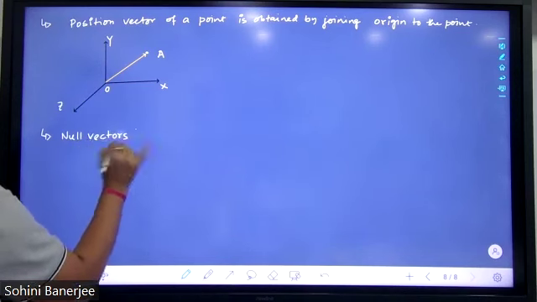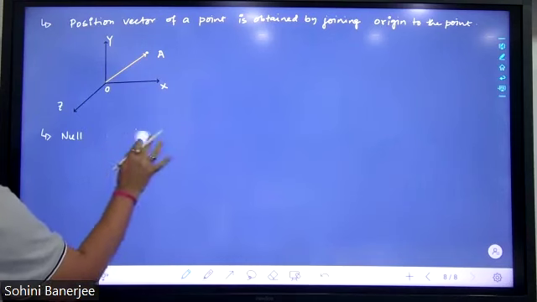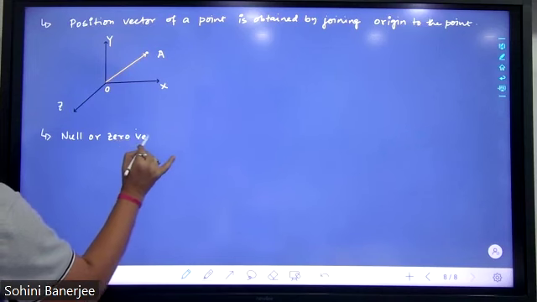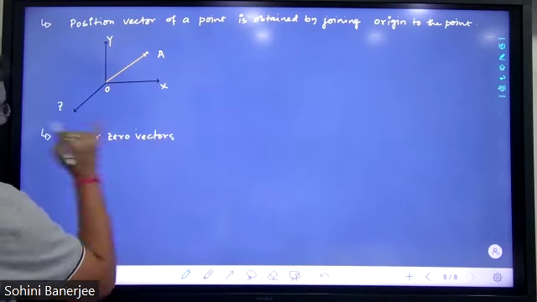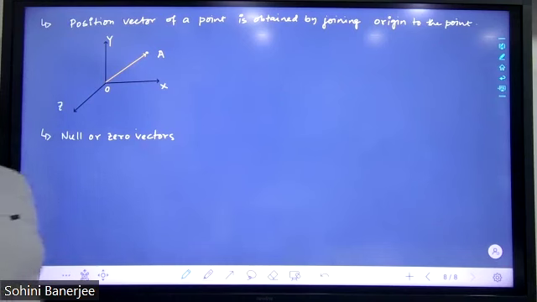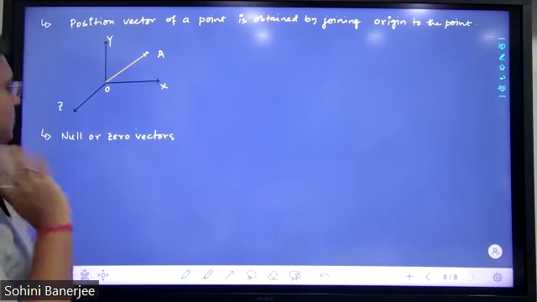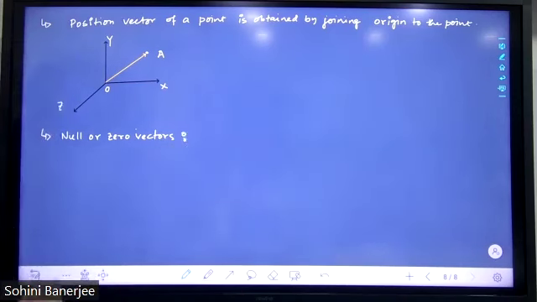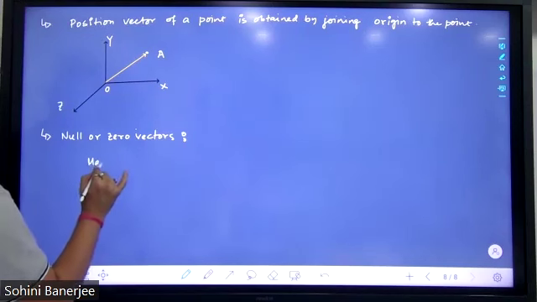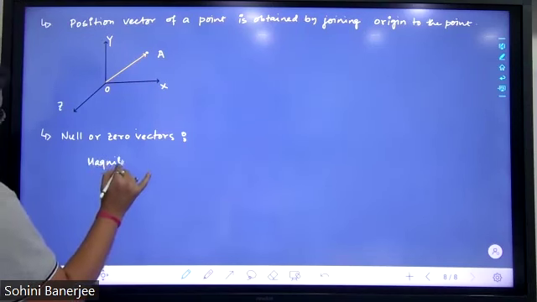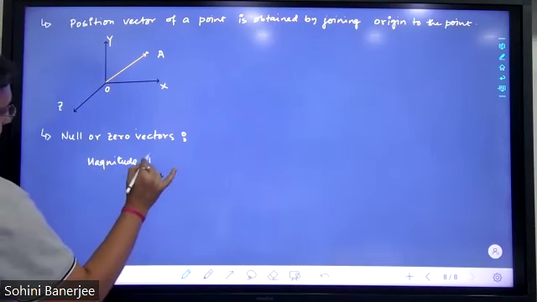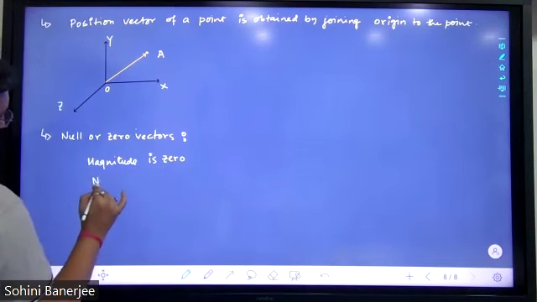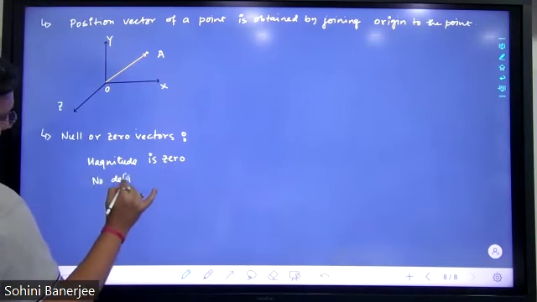Null or zero vectors. Magnitude is 0. No definite direction.